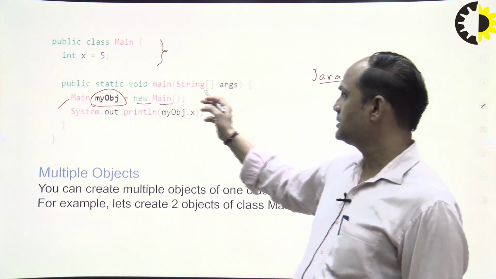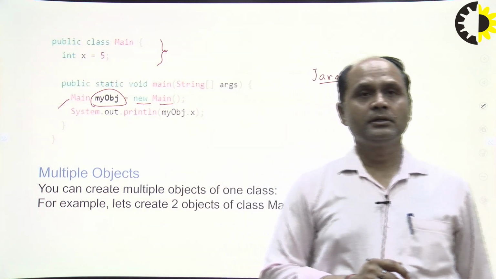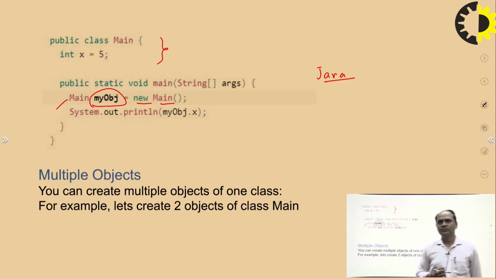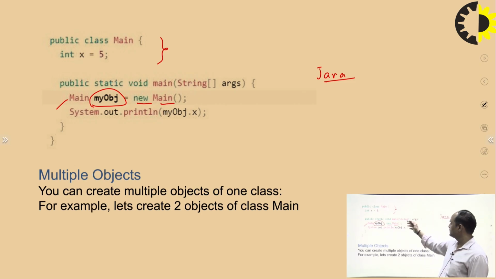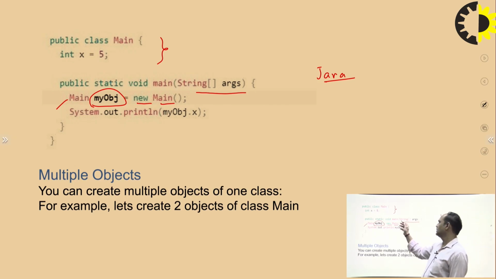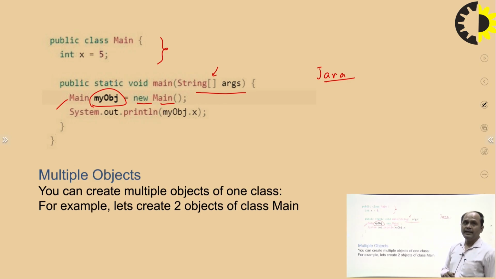String args is fixed in Java programming, because Java takes all the parameters or statements as strings. Suppose we pass a character, then it is considered as a string. That is why we put String args here. This represents an array of string type.